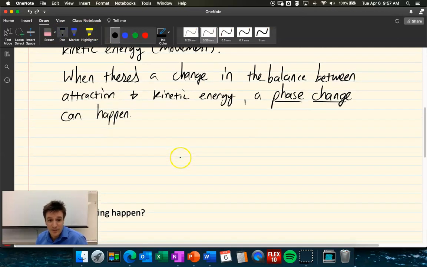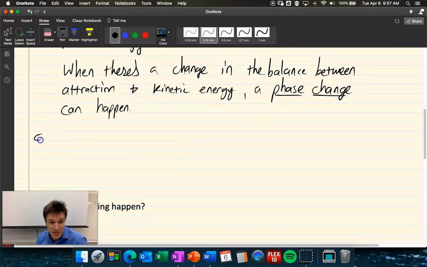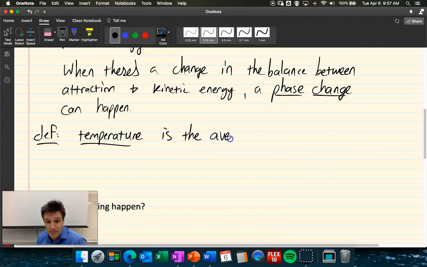Because temperature, so definition, temperature, a word that you thought you already knew what it meant, temperature is actually the average kinetic energy of the particles, okay? Temperature is how fast the particles are moving.